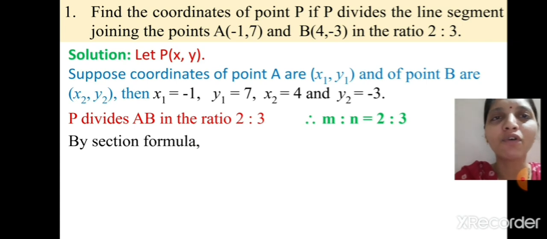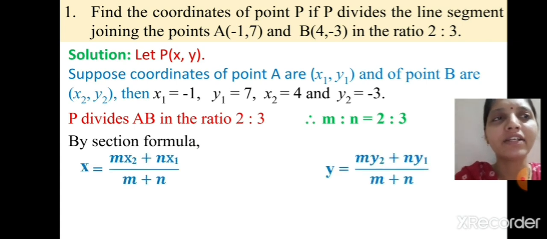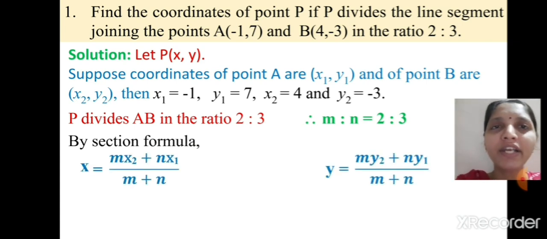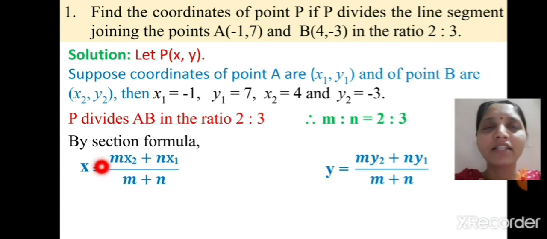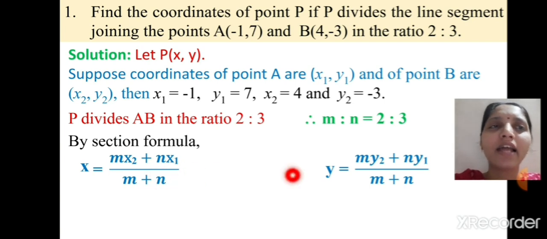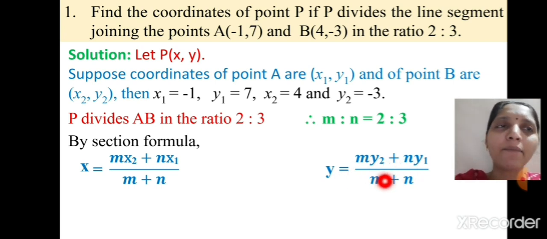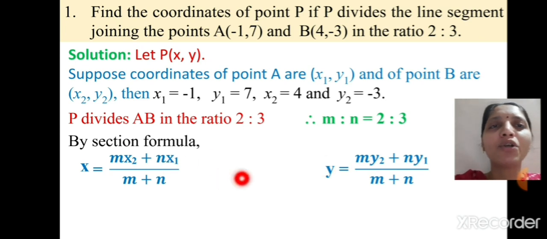Now by the section formula, we will write together the x and y coordinates. So here is the x coordinate: x is equal to mx2 plus nx1 upon m plus n. And this is the y coordinate: y is equal to my2 plus ny1 upon m plus n. Now we are going to substitute the values of x and y.